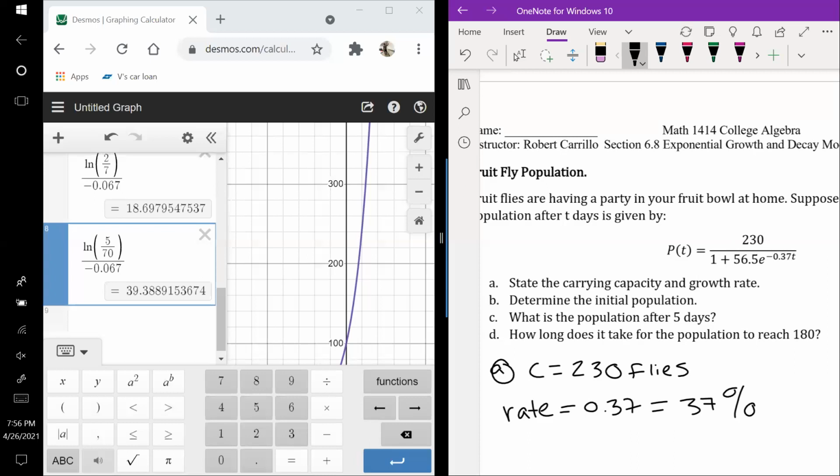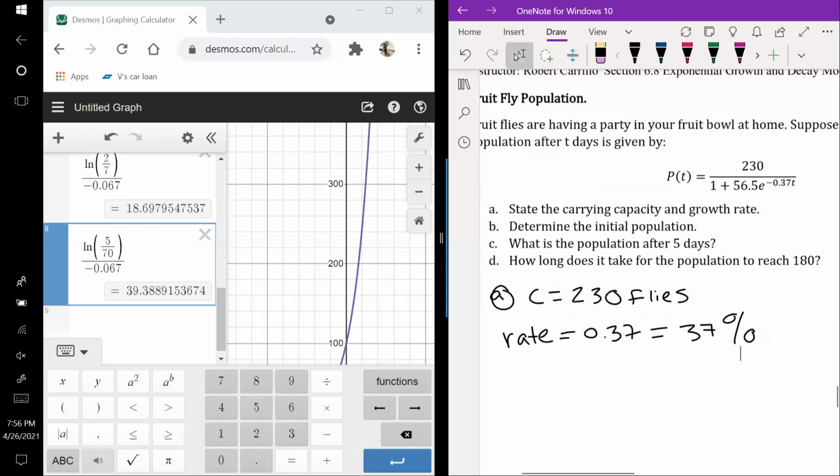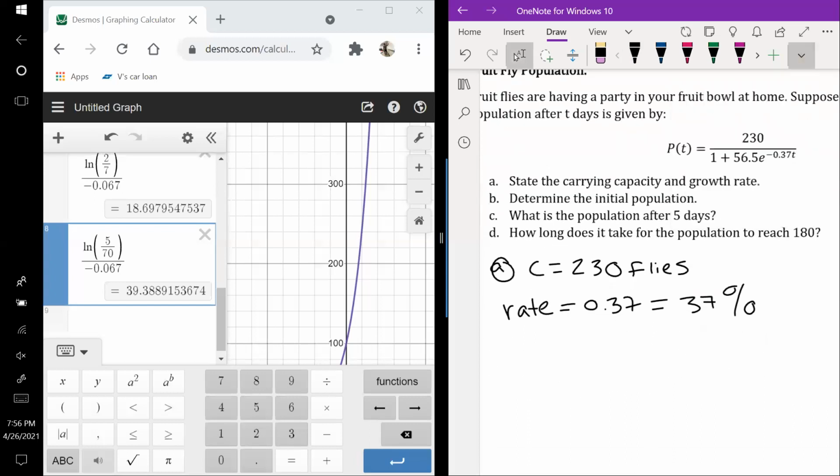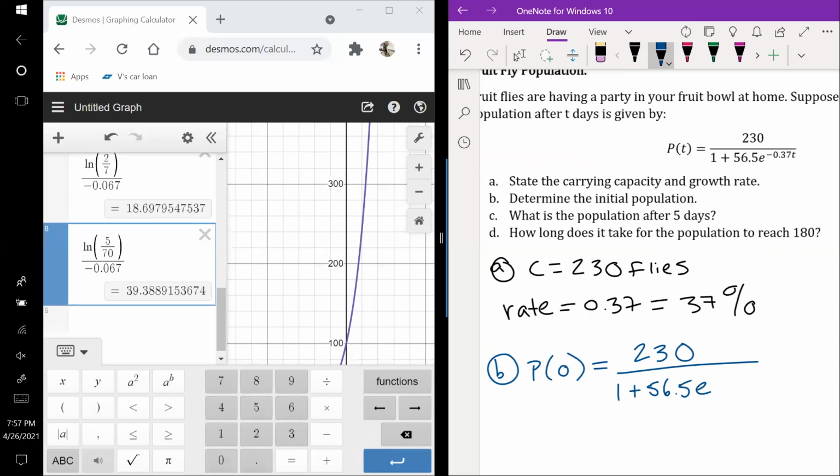Okay. B, determine the initial population. So to determine the initial population, this means 0 days. So for B, we have P of 0. We're going to plug in 0 for time. And you'll get 230 over 1 plus 56.5 times E to the negative 0.37 times 0.